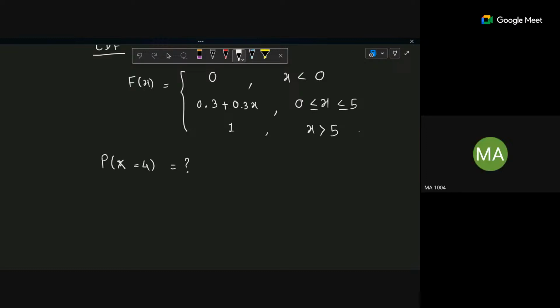If we change it a little bit, let's say, I'm just changing some values only. Now, just find the probability at x is equal to 4. What is it?